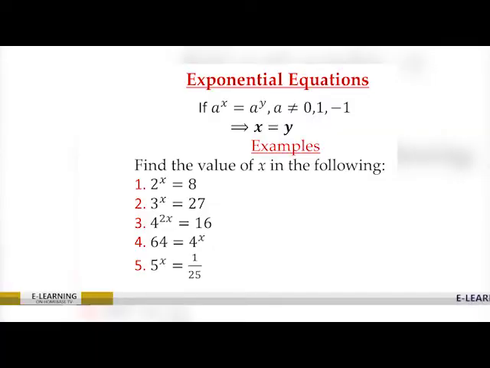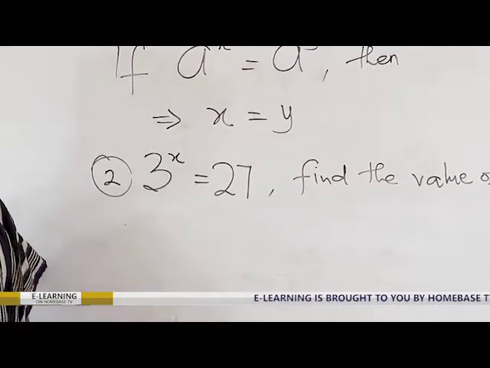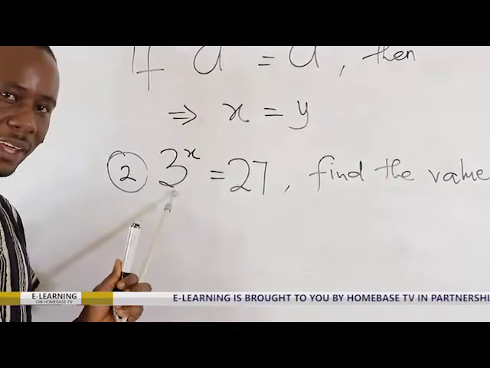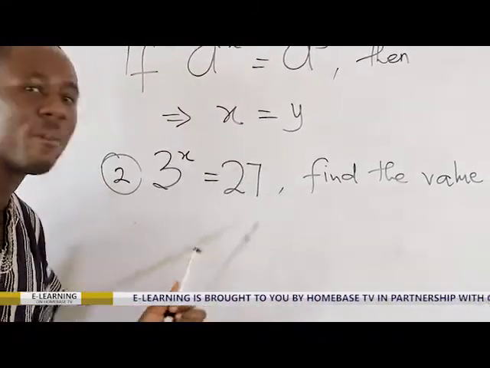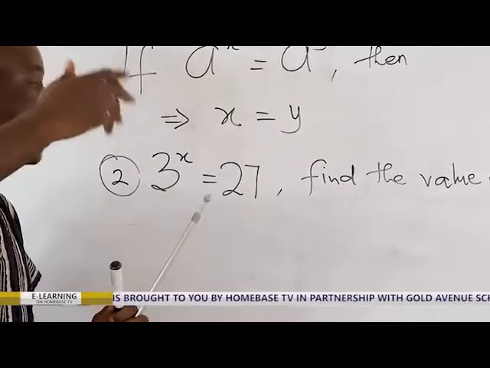To explain, 3 exponent x equals 27, find the value of x. Again, you can observe and say the answer, but then you need to show it. It means the base here is 3. Then on my right, 27 must have the same base of 3. So 3 should multiply itself repeatedly how many times?